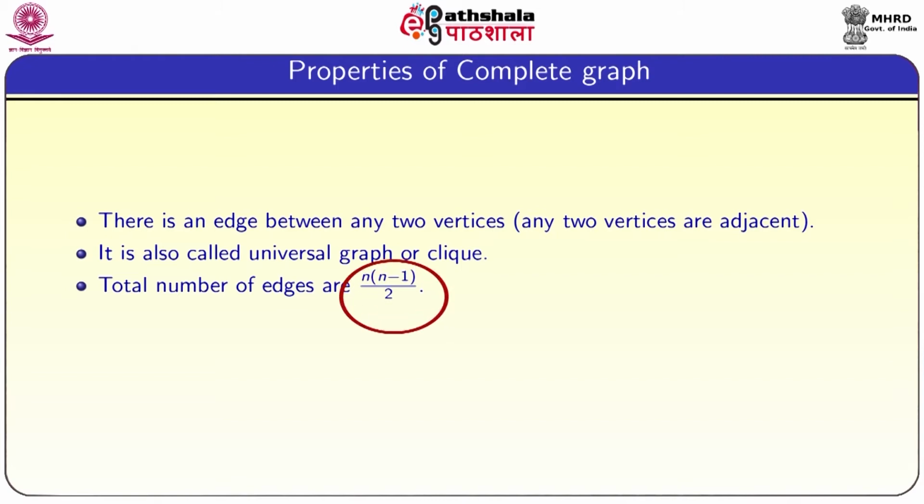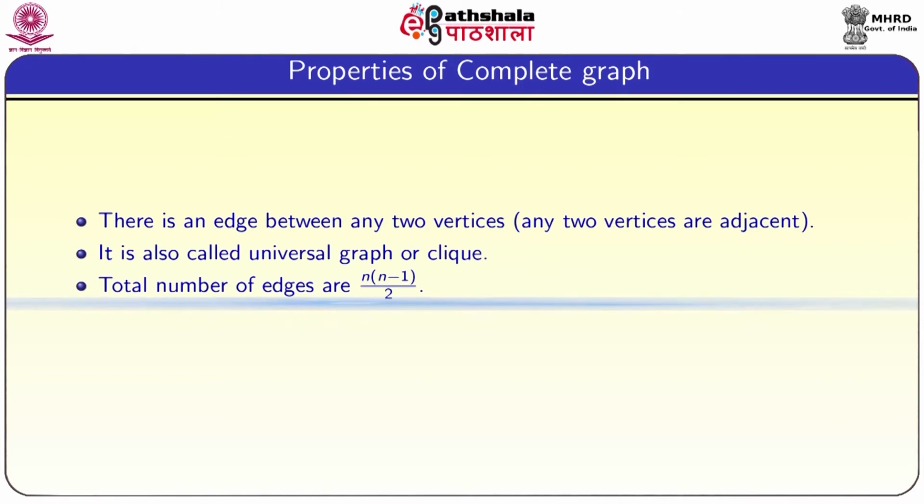The total number of edges is going to be n into n minus 1 by 2. This can be derived easily. It is because the sum of the degrees of all vertices is equal to twice the number of edges. That is the first theorem of graph theory. Here in the complete graph it is easy to see that the degree of each vertex is n minus 1.